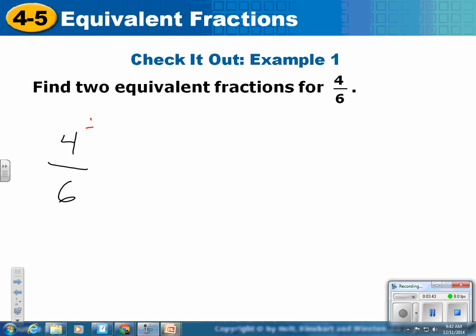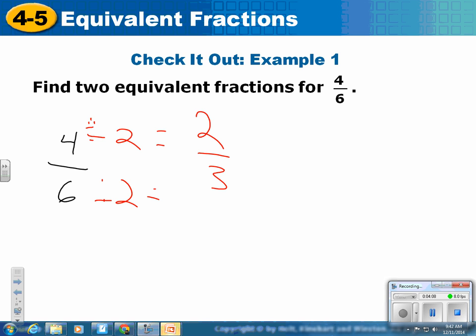Let's divide. Divide top and bottom by 2. We end up with 2/3. 4/6 is equivalent to 2/3.